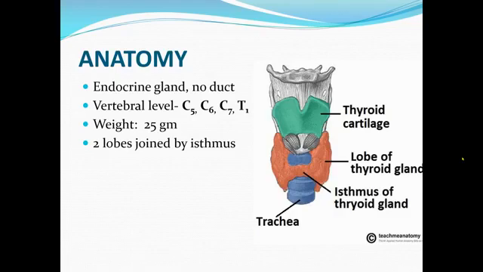Other endocrine glands are the hypothalamus, pituitary gland, adrenal cortex and medulla, islets of Langerhans of the pancreas, uterus, testes, kidney, and others. But among them, the thyroid gland is the largest endocrine gland of the body.